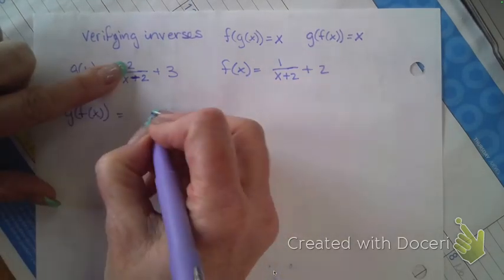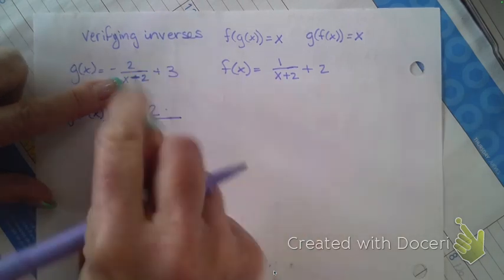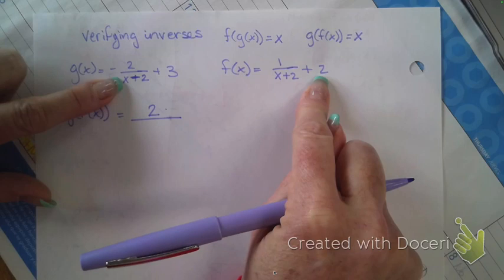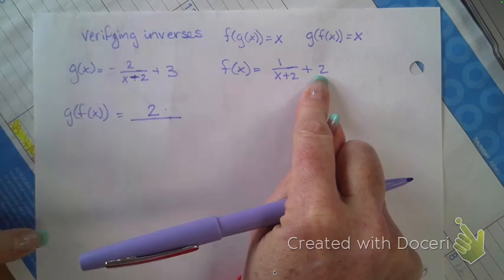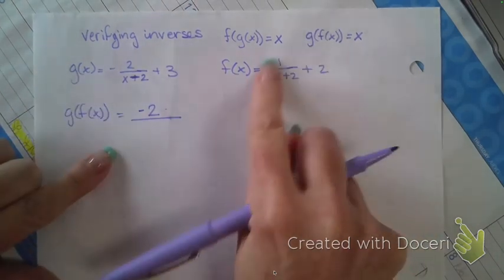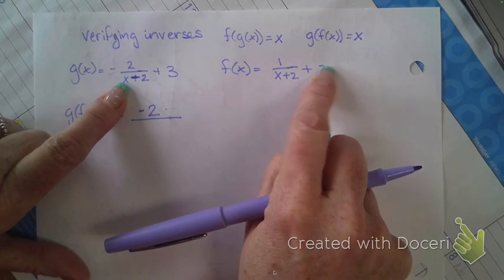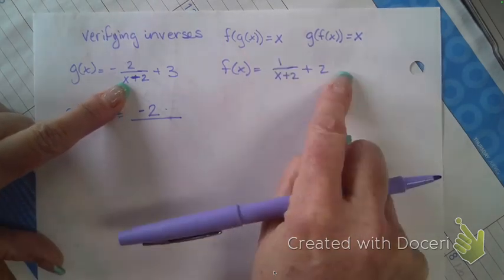So I have 2 over x. What's x? It should be a negative. Shouldn't it be? Or is it that whole thing? Yes, it should be a negative 2. Okay, that's the whole thing because f of x has replaced that x. So that x becomes this whole thing.